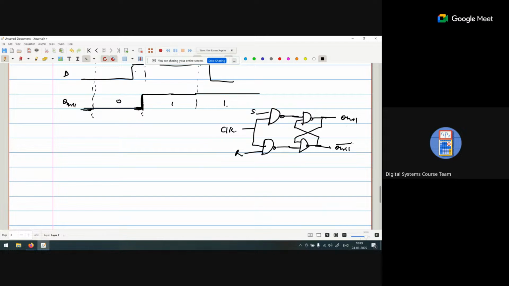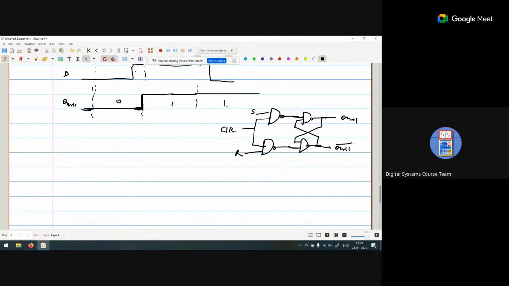Why? Because inside the flip flop, there are only combinations of logic gates, and for logic gates no clock pulse is required. If you see the second stage, no clock pulse is required. So before entering the data inside the flip flop, we require a clock.